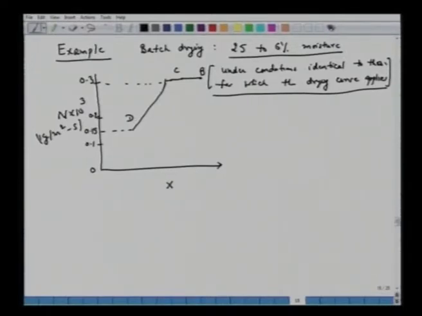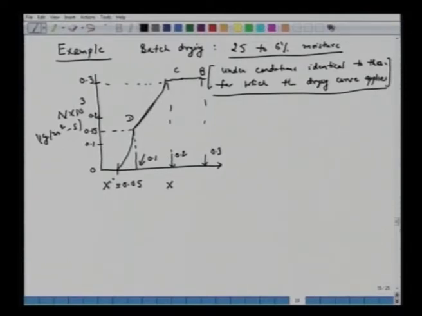So this is a falling linear rate from C to D. Then it starts decreasing non-linearly till it goes all the way till concentration here, which is X star, and let's put this number at 0.05. From the graph, let's put this number as 0.1. Let's put this number as 0.2, and the first number here we have on the graph as 0.3.